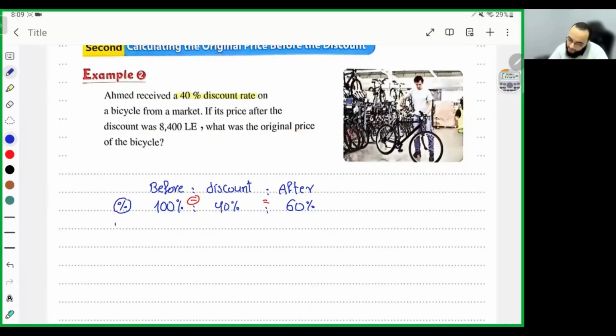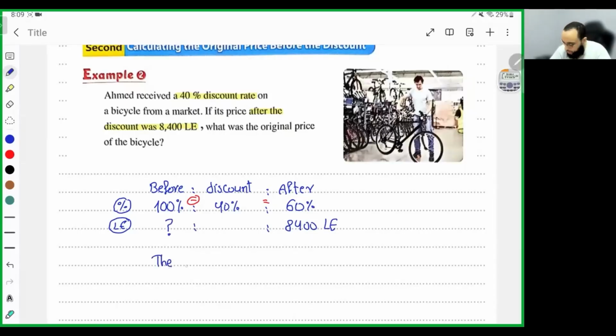Right now, this is the line of the money. The before is unknown. We have the price after the discount, 8,400, which you write below the 60. 8,400 LE. What is the original price? You need the original price before the discount.